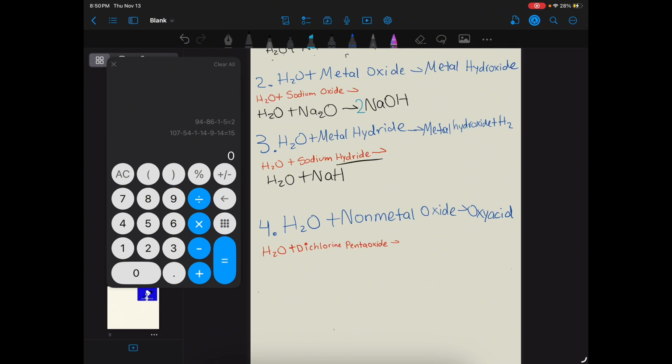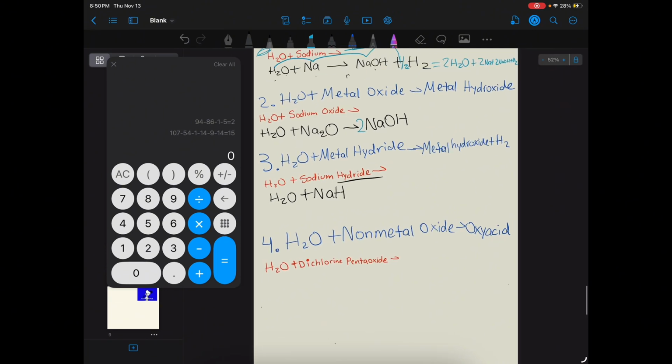This hydride here just means that it has an H. And again, because it's an ionic bond, we would need a charge of +1 for the Na and -1 for the hydrogen. So that's already fine how it is. So then that would just equal a metal hydroxide. So that would be NaOH plus H2.